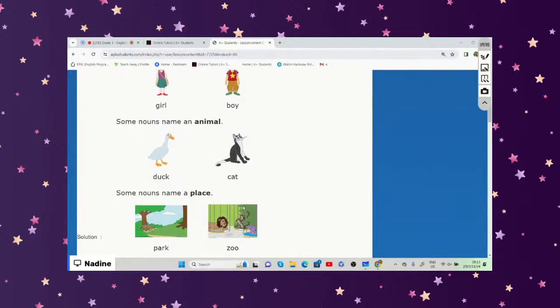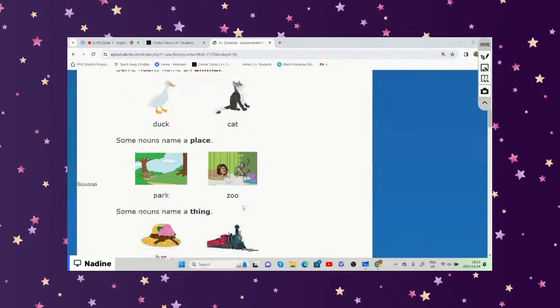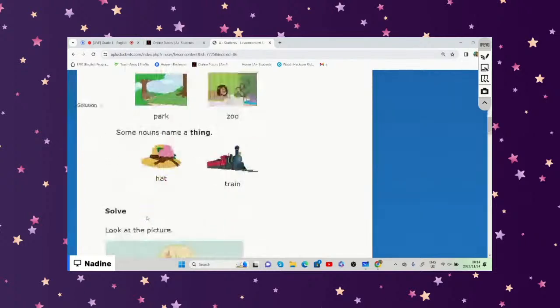Then some nouns can name places. It can be a park, a zoo, a school, the mall, right? These are places that you go to, even a house. And then some nouns name a thing.